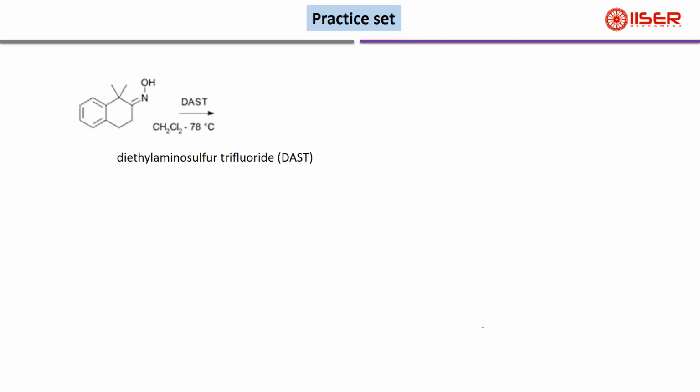There is a question: what will be the product? They have added DAST in DCM at minus 78 degrees. DAST is a fluoride source. You can consider it a nucleophilic donor of F minus; it just gives F minus.